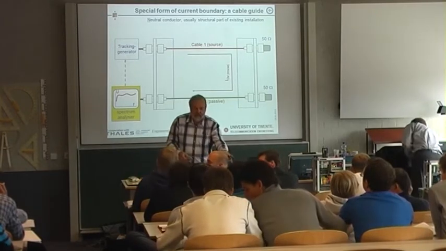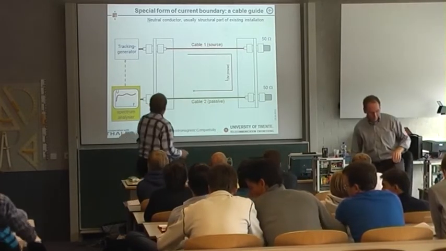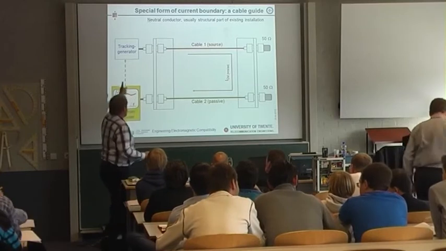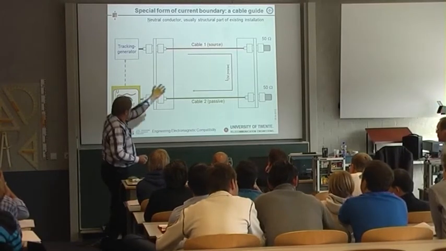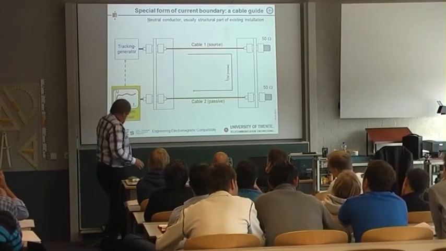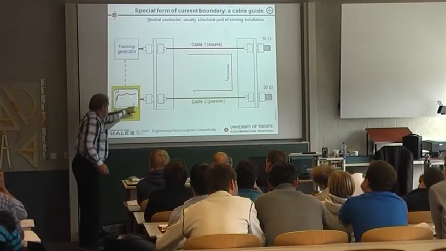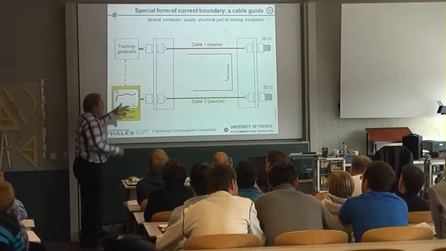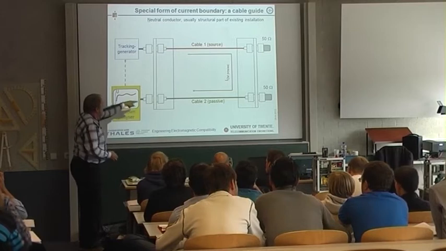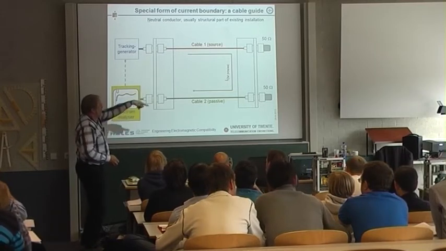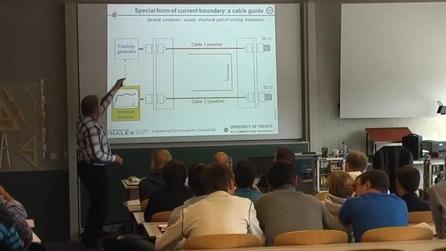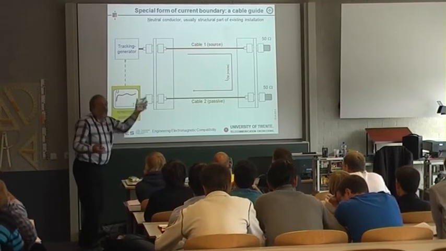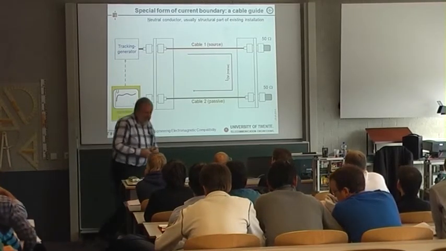I have a spectrum analyzer here, in this box. It has a tracking generator which generates some frequencies, and here you can see the frequencies and the amplitude of the signal I receive back. So I'm listening to the passive cable, both are terminated in 50 ohms. I put a tracking generator on the noisy cable, source cable, and then you can see the effect.